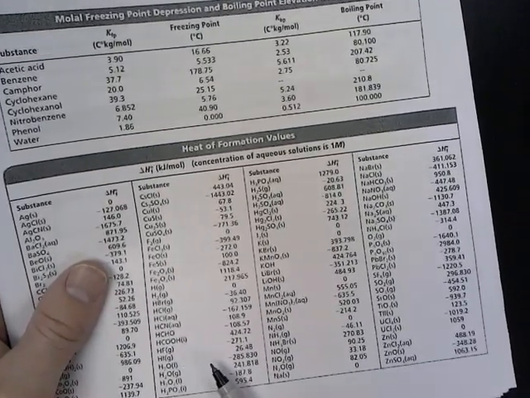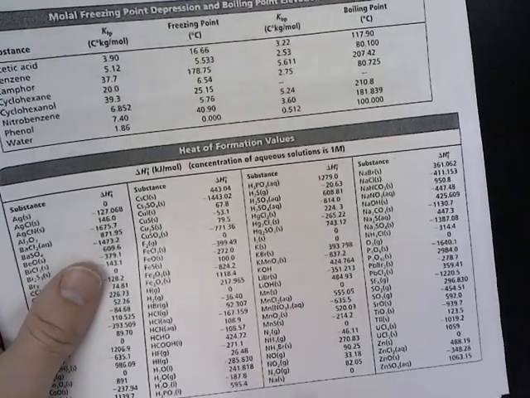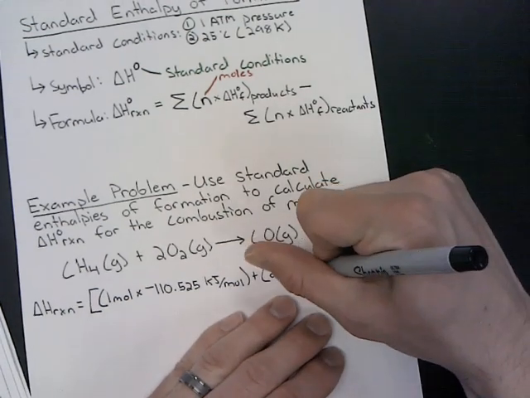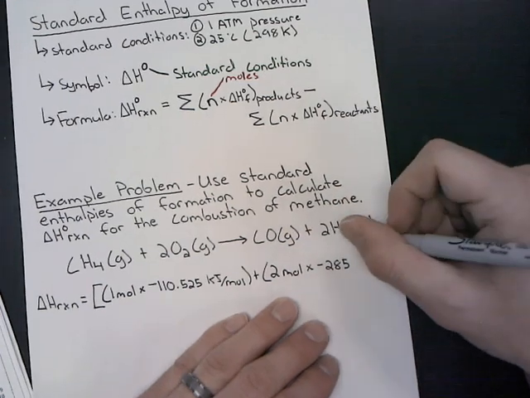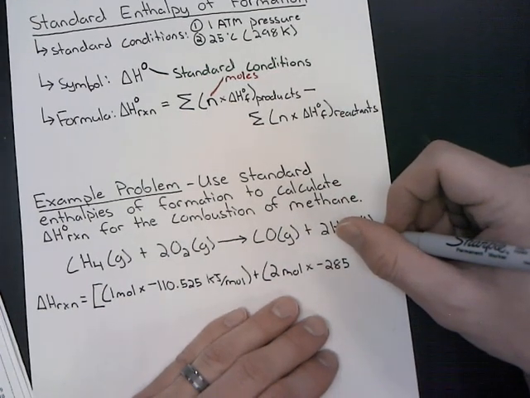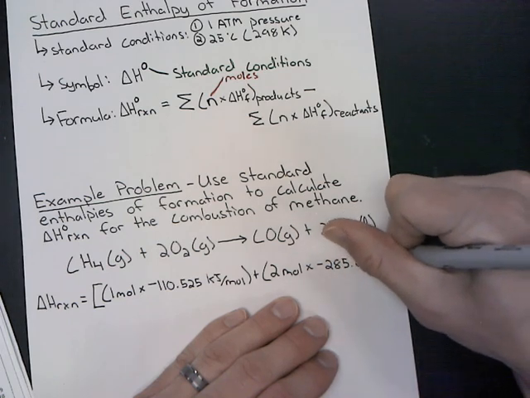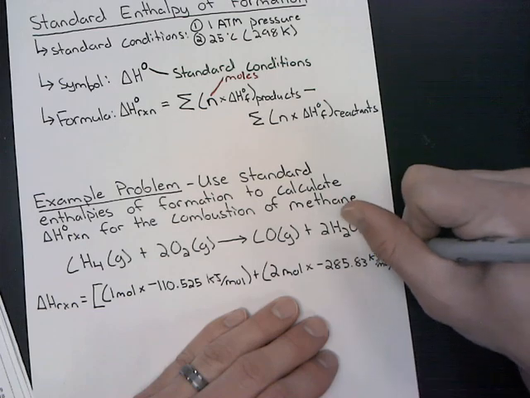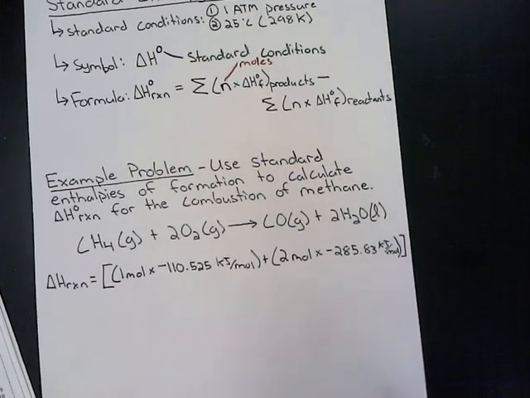I want the H2O for a liquid, which is negative 285.83, and again, that is in units of kilojoules per mole. Now, I'm running out of room here. What I do here is this.